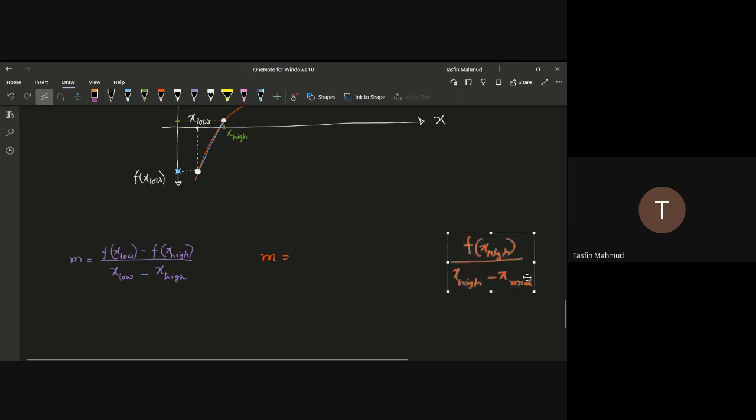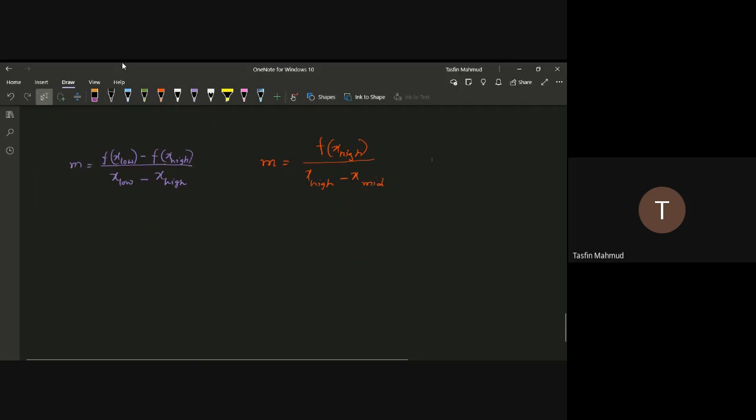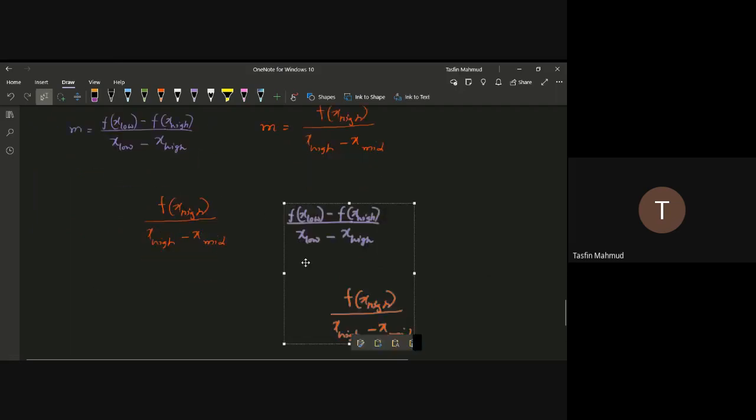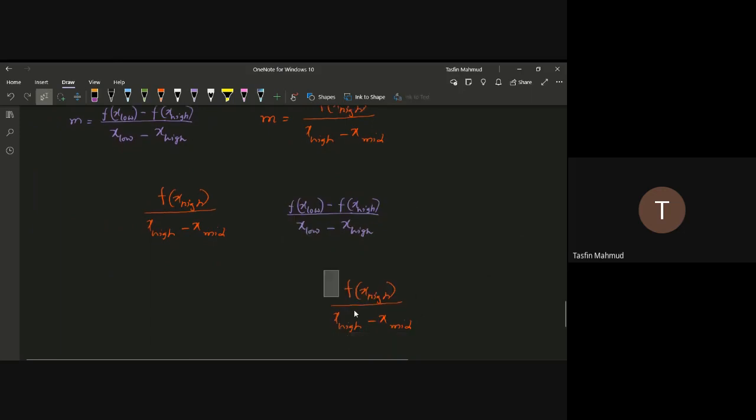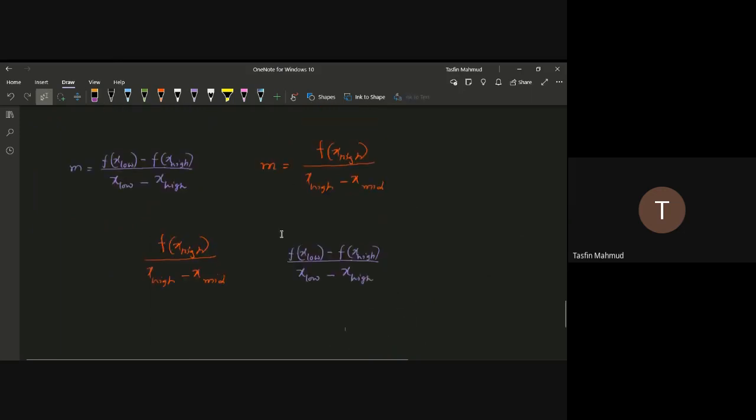Nothing much. If we equate these two slope values, let's keep this thing on the left, it would be equal to this. So these two slope values would be equal, and from there we calculated x mid.